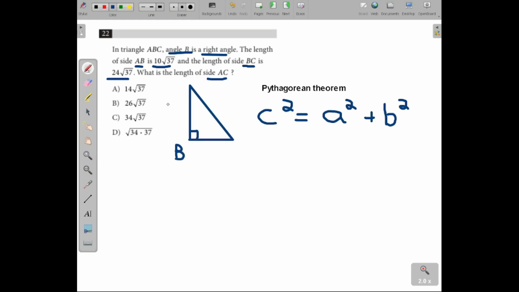Now the length of side AB, let's say that this will be angle A, is 10 square root of 37, and the length of side BC, so this will be C, is 24 square root of 37. And we want to find the length of this side AC.